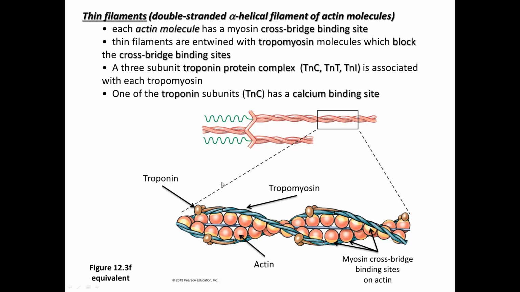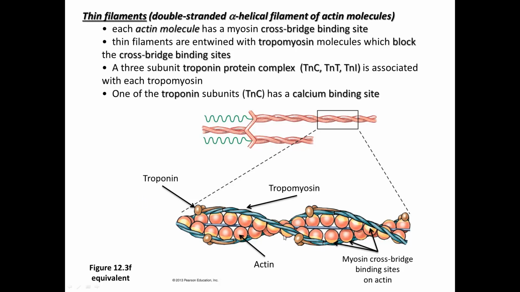Now, on the thin filament, you have these troponin complexes. It's actually 3 subunits: TnC, the calcium binding subunit, along with TnT and TnI, which help it to move tropomyosin, which is on the thin filament here. Note the position that tropomyosin is shown here.